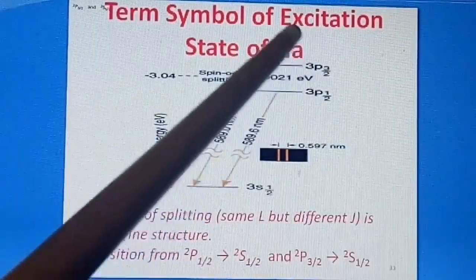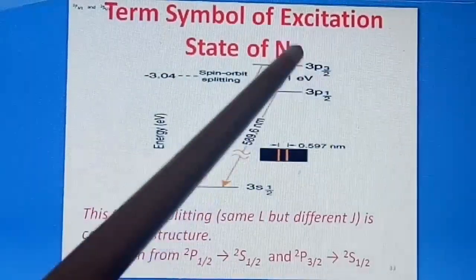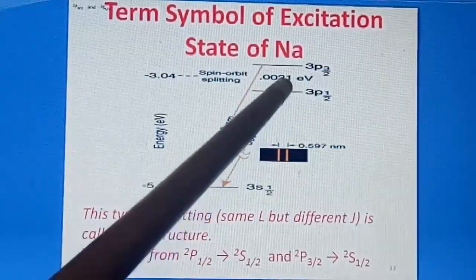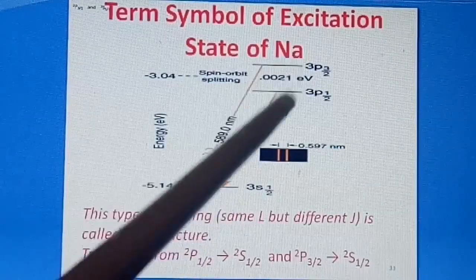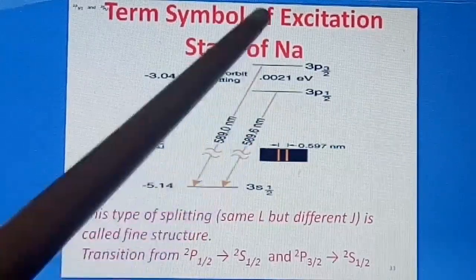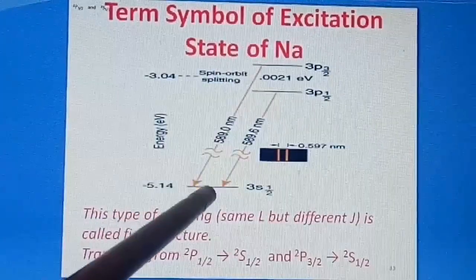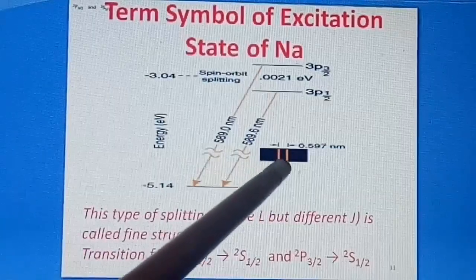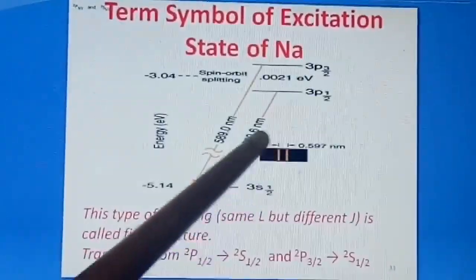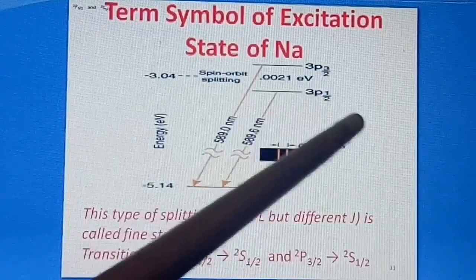So this is the energy difference between these two p levels, and this is the energy difference between this energy level and this energy level. So the two lines are obtained in the excited state of sodium.